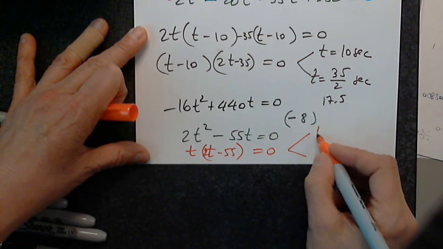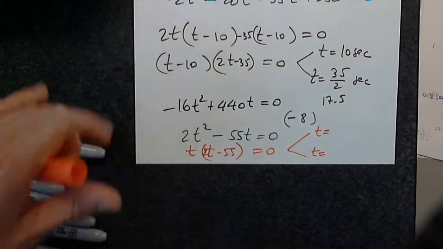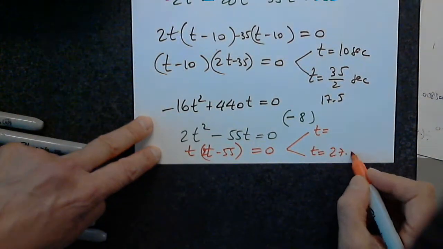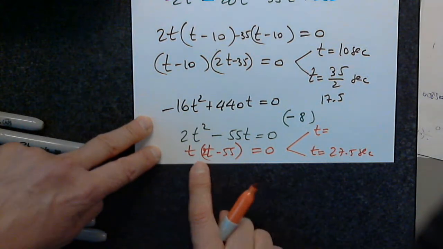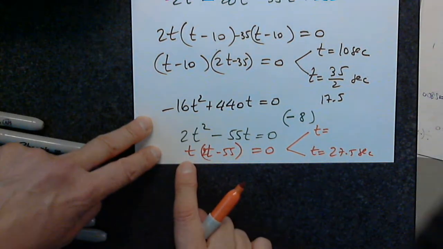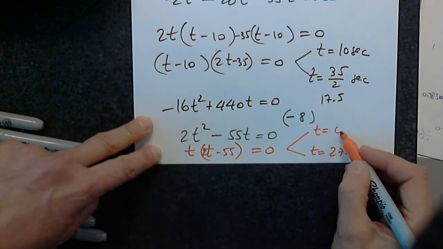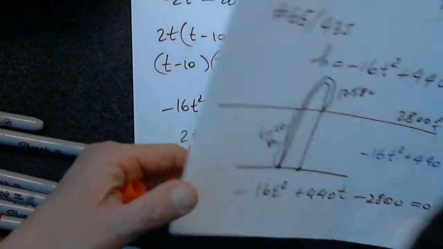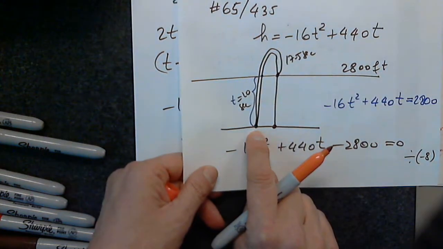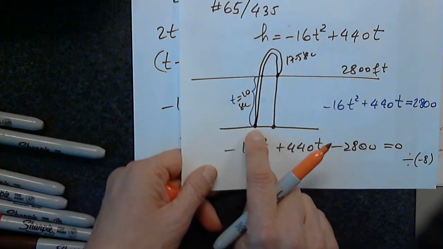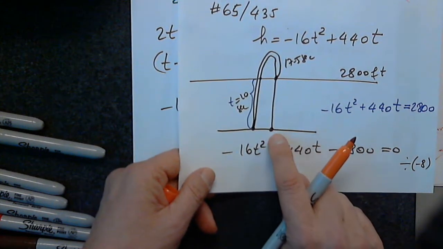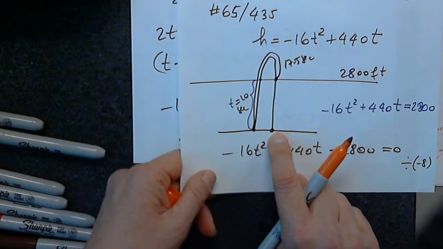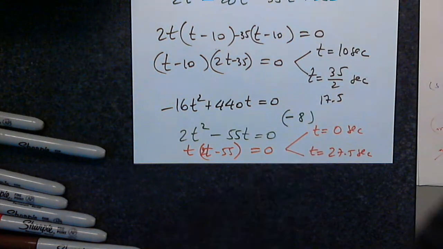So there are two options, t equals and t equals. Yes, we already have the 27.5 seconds as we knew, 55 divided by 2. And what is the first factor? 0 seconds. Does it make sense? Yes, it does. At 0 seconds, the rocket is on the ground, height 0. 27.5 seconds later, the rocket is on the ground again. So that's why we got two solutions.